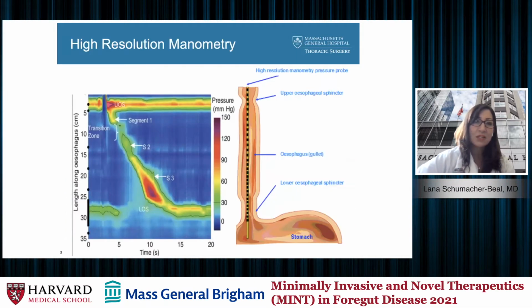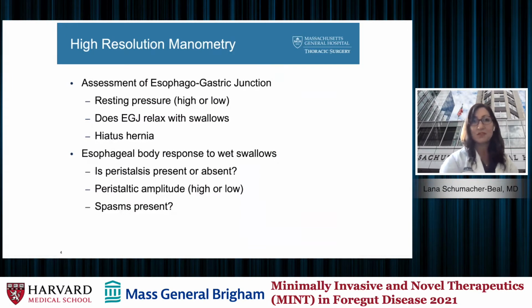The gold standard for diagnosis is high resolution manometry. So this just depicts a picture of what manometry looks like and the measurements that we're taking to assess the esophageal physiology. So we will have assessment of the gastroesophageal junction. We'll give measurements of the resting pressure, whether it's high or low.